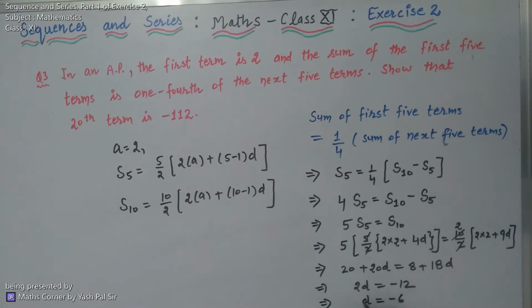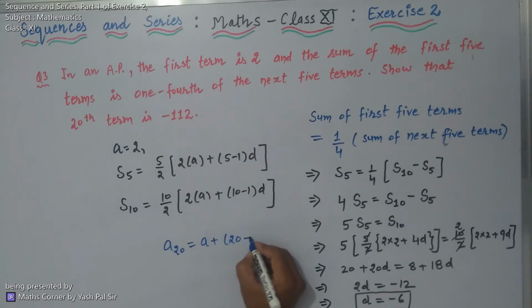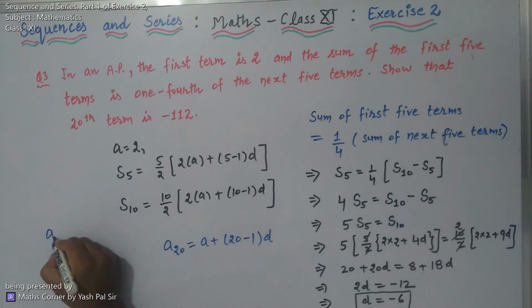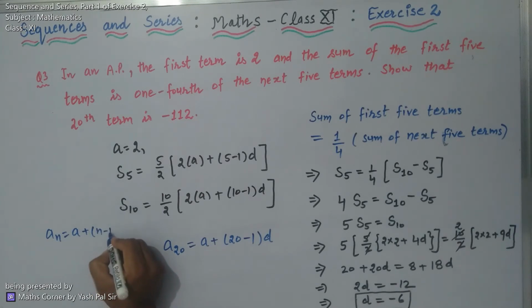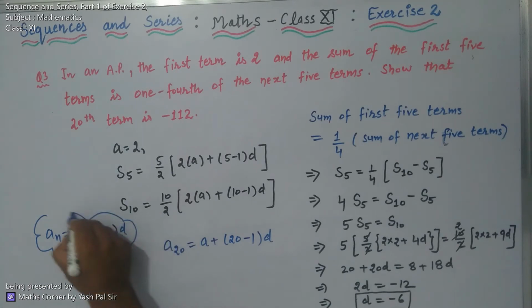But what is our question? Show that the 20th term, that is a20, is equal to a plus 20 minus 1 into d. Which formula are we using here? an is equal to a plus n minus 1 into d. This is the rule to find the nth term.